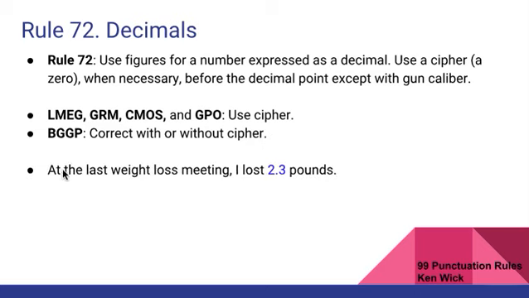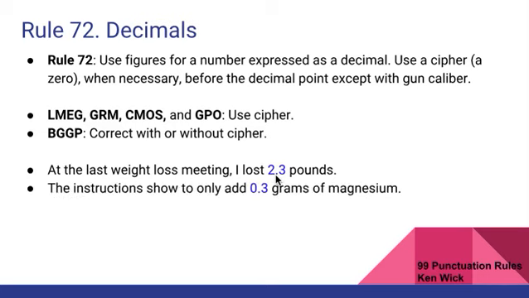So some examples. At the last weight loss meeting, I lost 2.3 pounds. Once again, this is a decimal because it has the period here. Anything that has a period and then a number is expressed in figures. The instructions show only to add 0.3 grams of magnesium. So once again, the question can always be, do you have this 0 here?